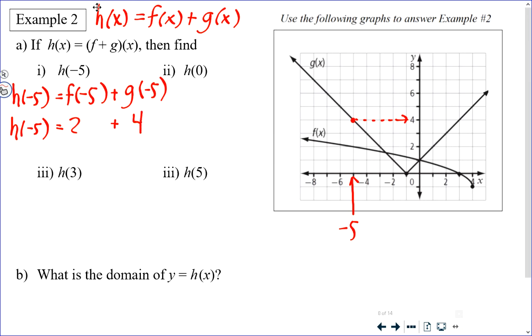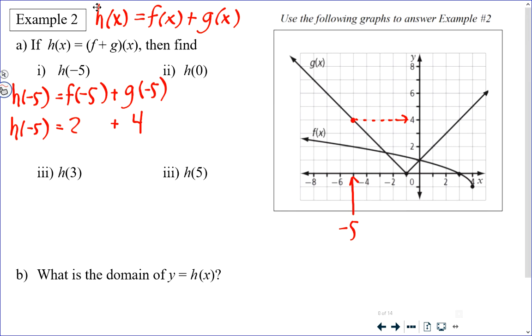Before you go on, you need to pause the video if necessary to understand how we're going from f of negative 5 to the number 2, and g of negative 5 to the number 4.